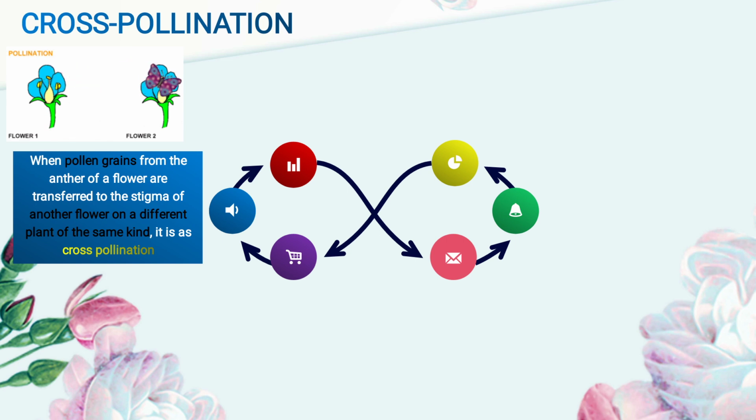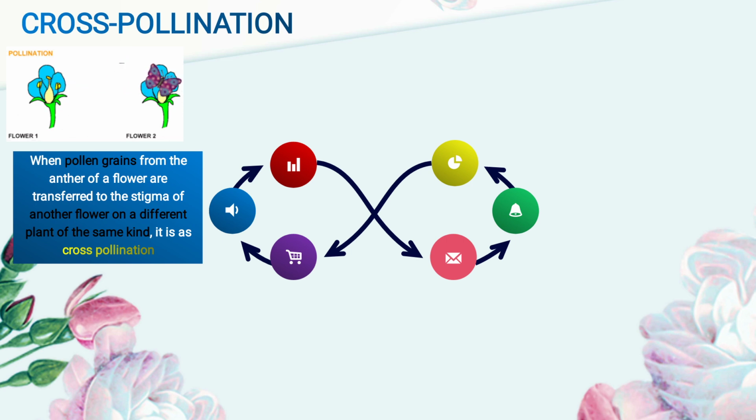So when the pollen grain is transferred from a flower of one plant to a flower of another plant of the same kind, it means if a rose plant is there, the pollen grains will go to the rose plant only and it will fertilize.